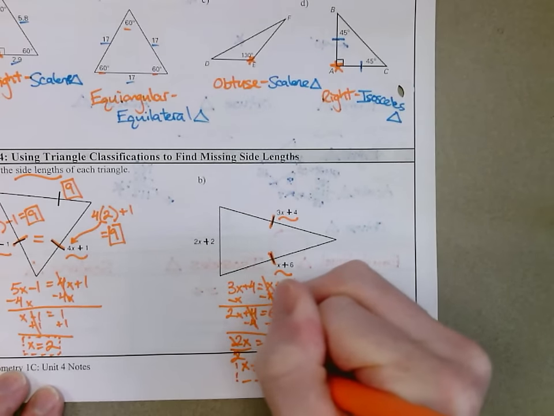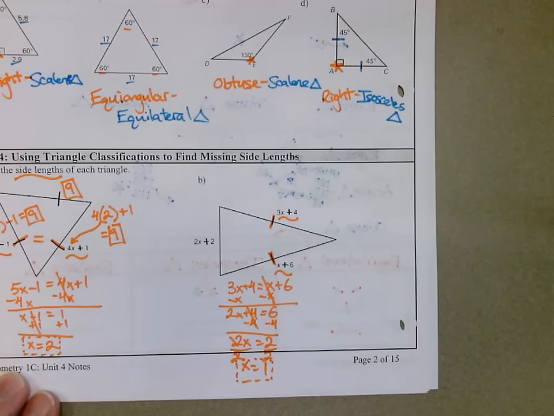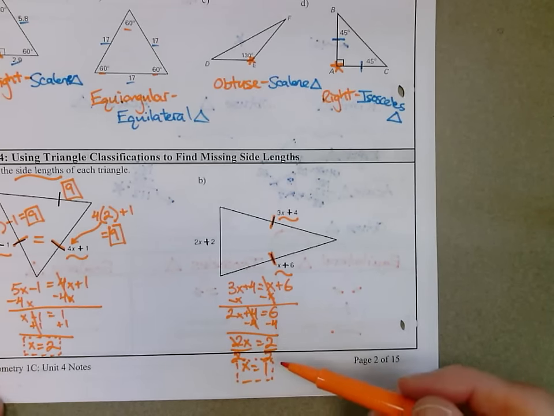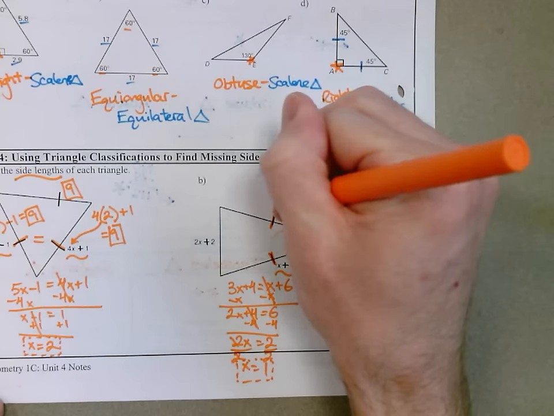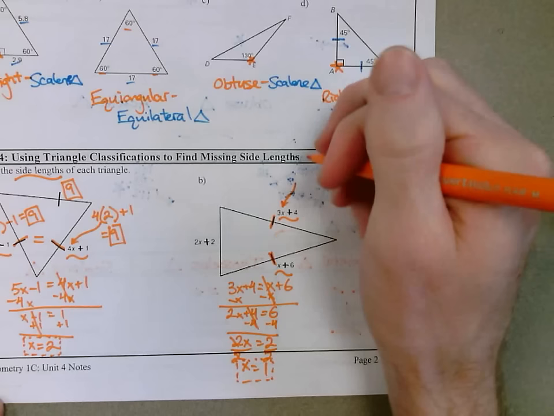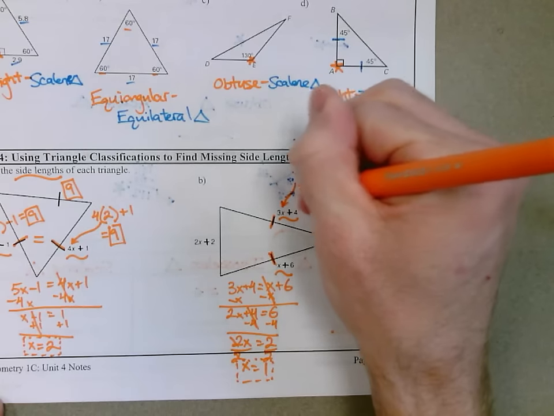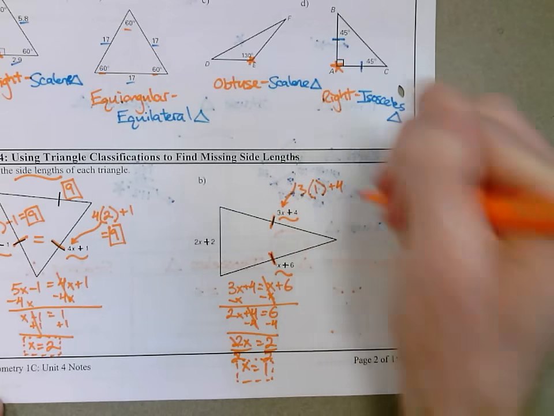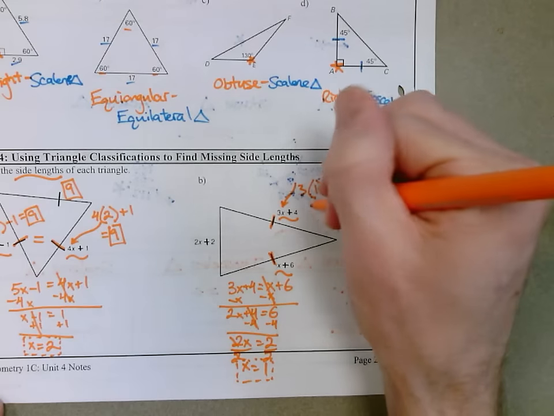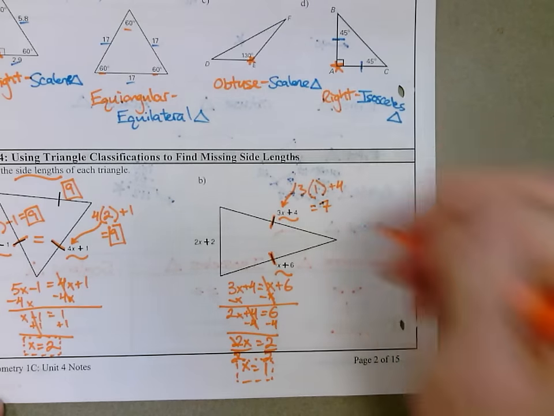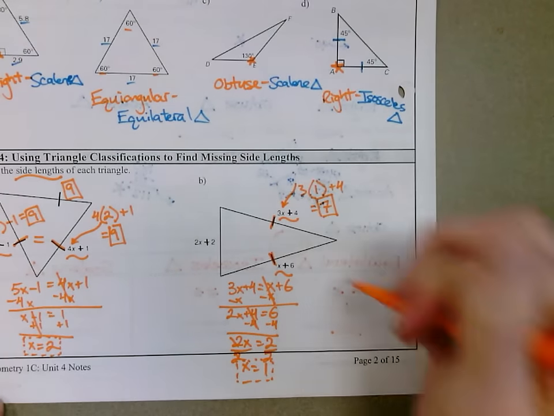Okay, we're almost home. The directions once again said find the side lengths, which means I'm going to go ahead and take my response of x equals 1, and I'm going to substitute that in to each value on each side. So this side would be 3 times 1 plus 4, which shakes out to 3 plus 4, also known as 7. I'm going to drop down here.